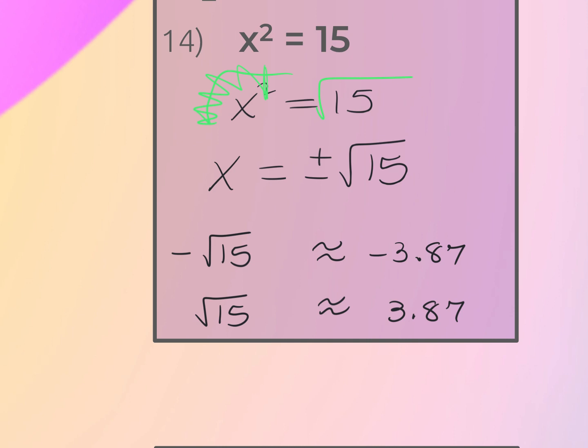So there's going to be 4 boxes that you'll fill in. You're going to first fill in the exact, which will be simplest radical form. Then you're going to use your calculator and then estimate it or round it to 2 decimal places. On the quiz, we are not using a calculator, so all answers will be left in simplest radical form.